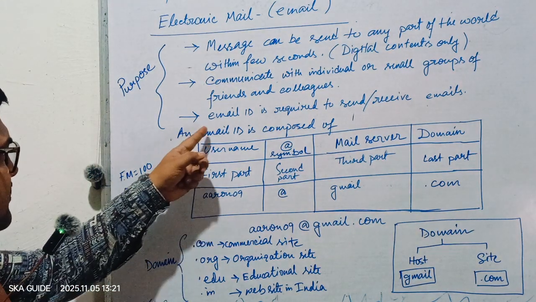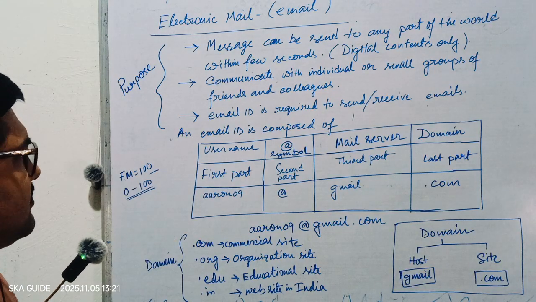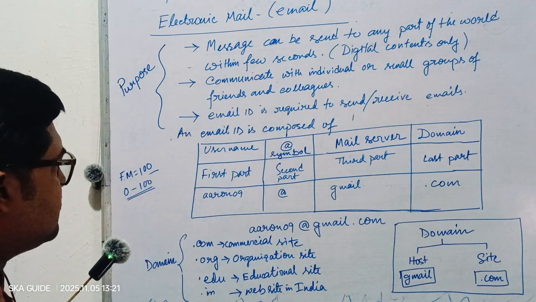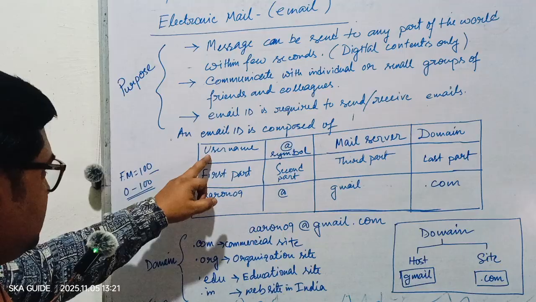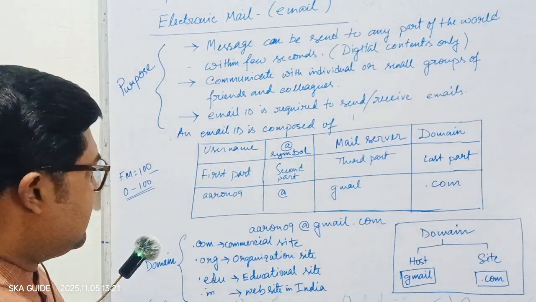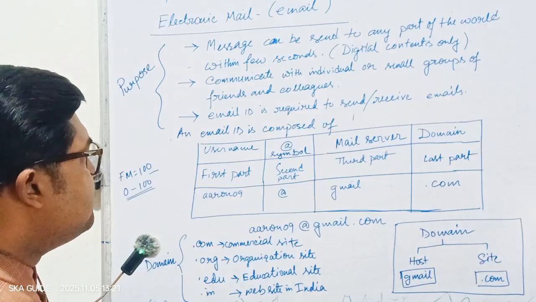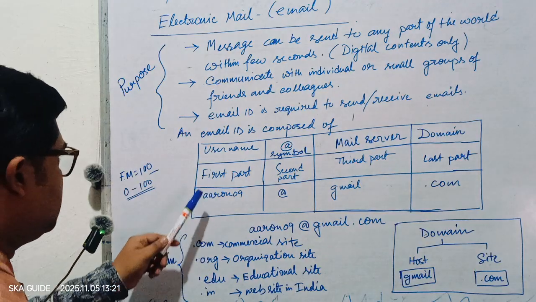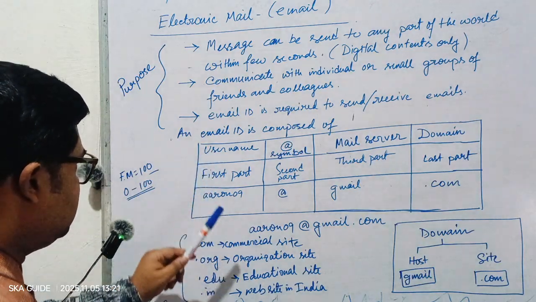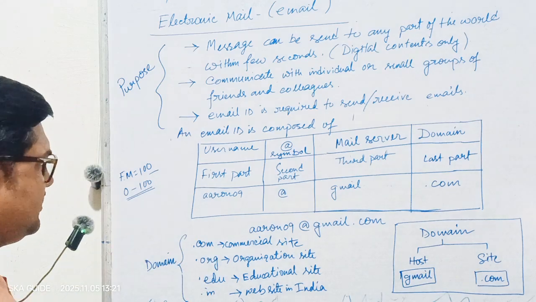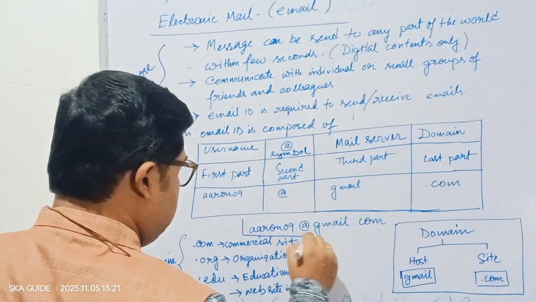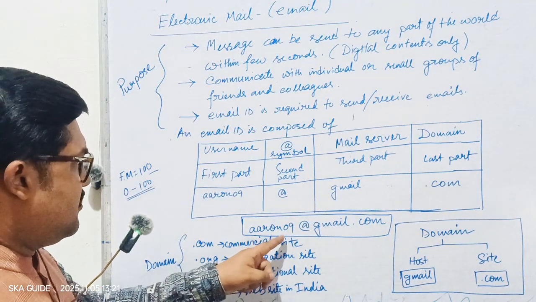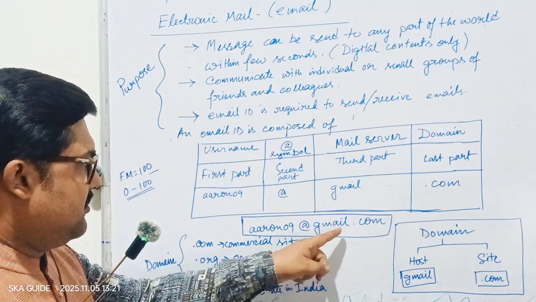Then next, an email ID is required to send or receive mails. An email ID is composed of username, the at the rate symbol, mail server, and domain. Now the first part is username. We have taken an example here, aaron09@gmail.com.